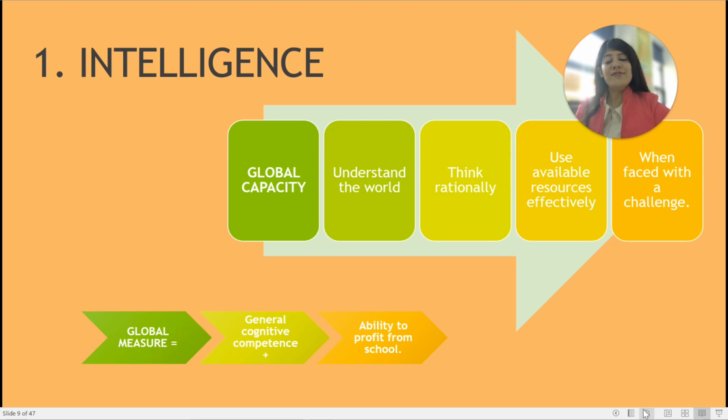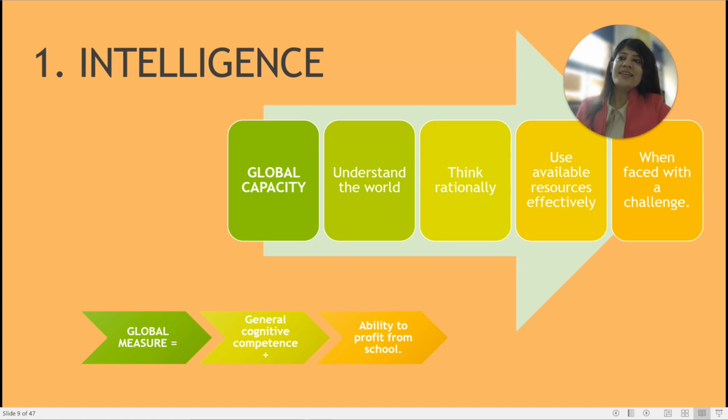So the very first definition you get to see is about intelligence being the global capacity of an individual to understand the world, to think very rationally, and to use resources very effectively whenever we are faced with a challenge. So what do you think? Do you agree?